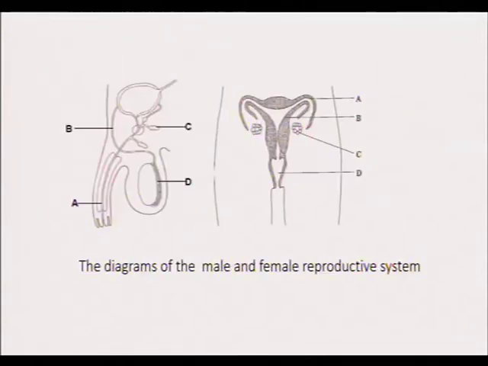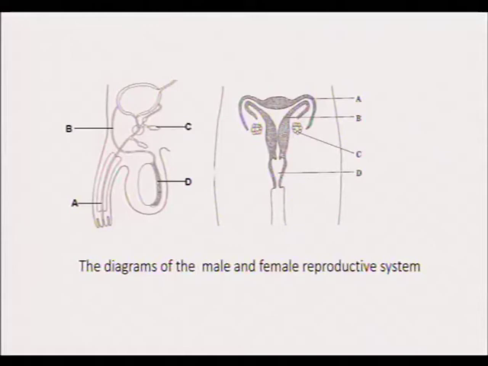Okay, for example, we have the two diagrams. The one diagram is of the male reproductive system, and the other one is of the female reproductive system. As you can see, they are labeled, which means that we use A, B, C, D. A structure is usually labeled, so you have to know what structure that is, the name of the structure, and the function of the specific structure.